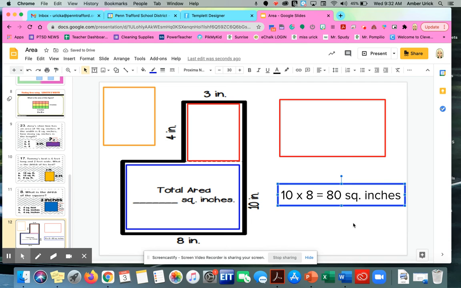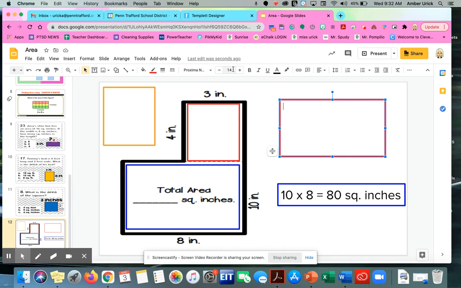Did I find the red box yet? No. Remember, I ninja kicked that red box and I karate chopped it off. So now we need to just find the red box. Can I use the 4 inches and the 3 inches to do the same for just the red box? We certainly can.